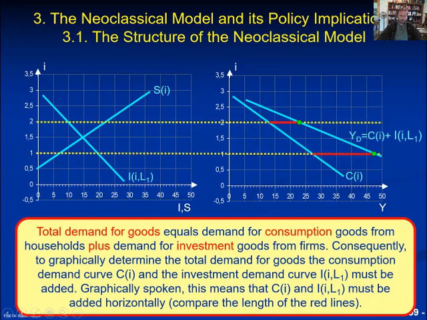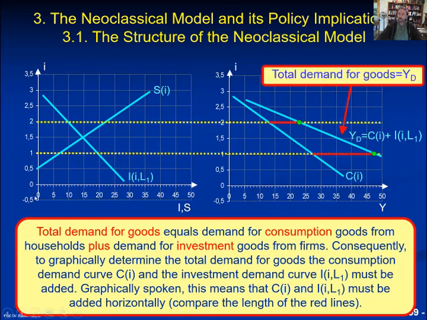You will see it works. So now we have successfully constructed the total demand curve for goods. It has two components: consumption demand for goods plus investment demand for goods.